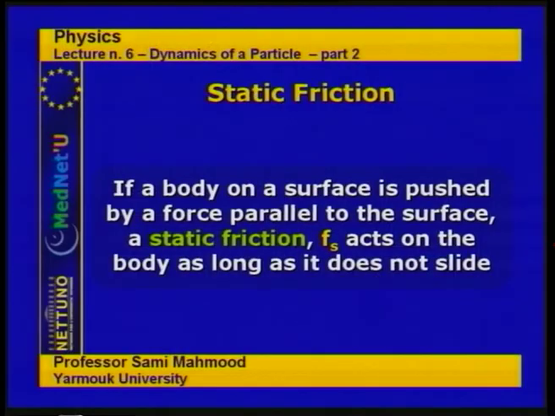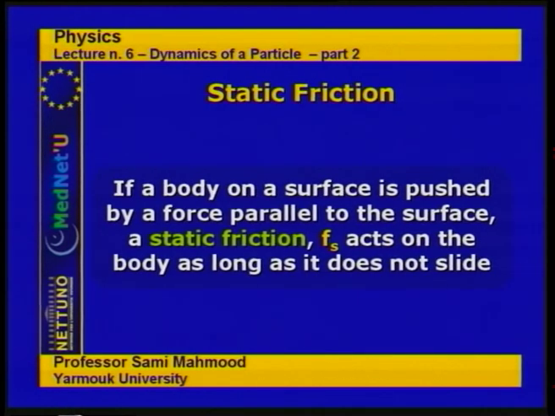As we mentioned, the static friction is one type of the frictional forces, and this comes to influence the object if we apply a parallel push to the object across a surface.